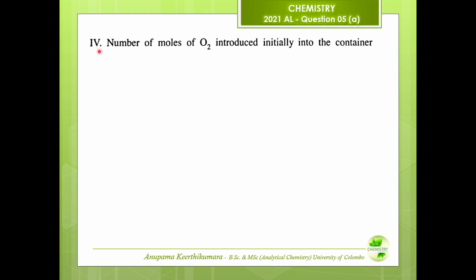Question number 5, part 4. Number of moles of O2 introduced initially into the container. We know the number of moles of C2H6 present in the initial mixture because we have calculated it earlier. It's 1 mole. If you know the number of moles of initial CH4, we can calculate the number of moles of initially introduced oxygen. Therefore, first we need to calculate the initial number of moles of CH4.